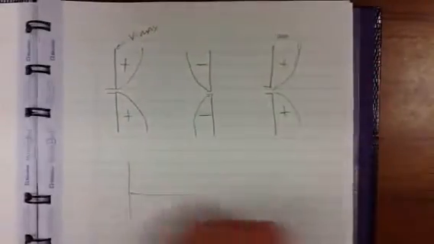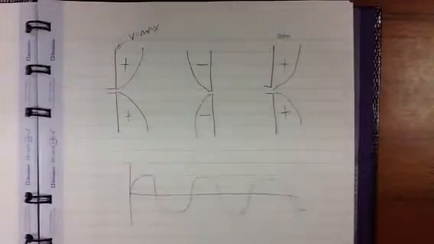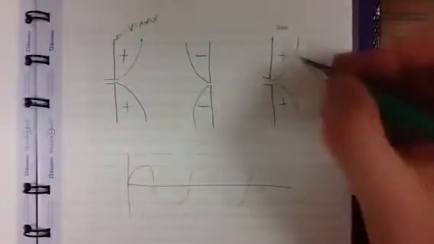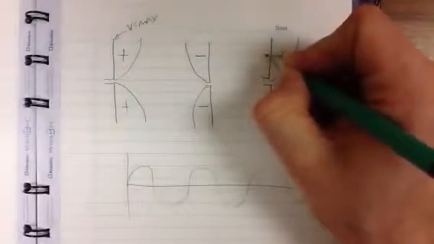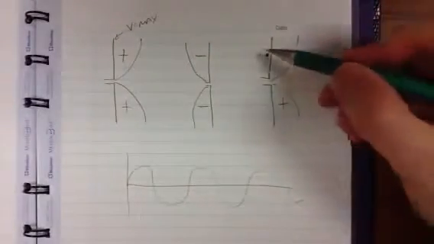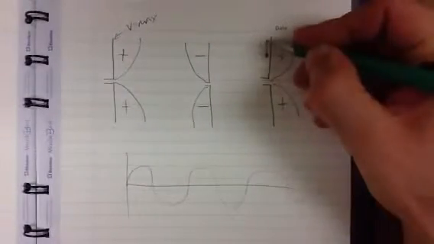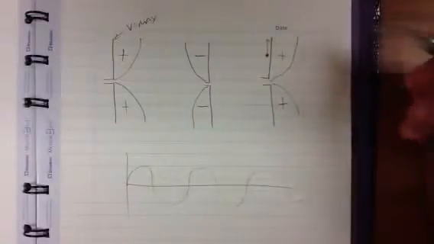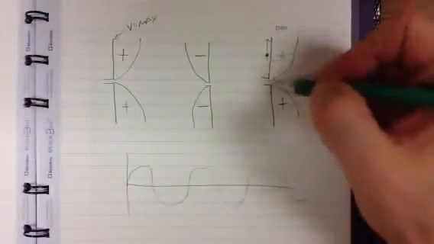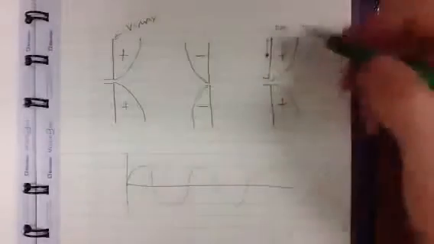Positive, negative, positive, negative, because the voltage that you're supplying to the antenna is positive, negative, positive, negative, like that. So what that means, if there was an electron here, this voltage is going to push the electron in one direction, and then a half cycle later, it'll push it back the other way, and a half cycle later pushes it back the other way.